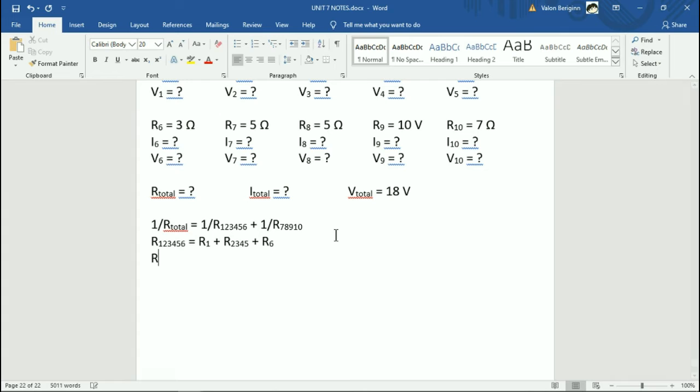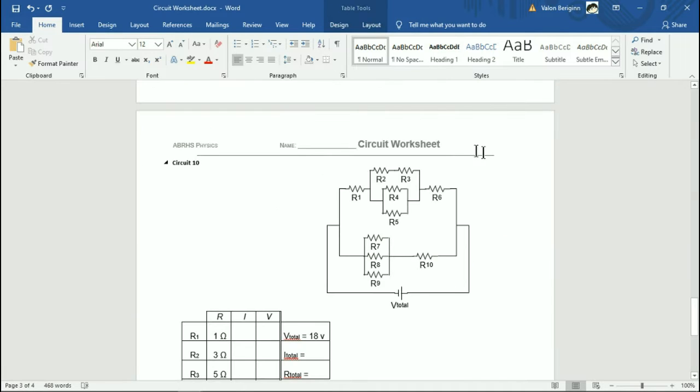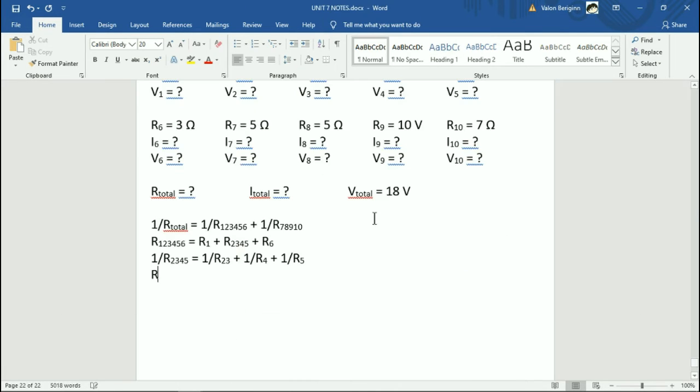So I have basically 1 over R 2, 3, 4, 5 equals 1 over R 2, 3 plus 1 over R4 plus 1 over R5. Okay, those are the pieces I have. And then R 2, 3, those are just in series. So R 2, 3 is R2 plus R3.